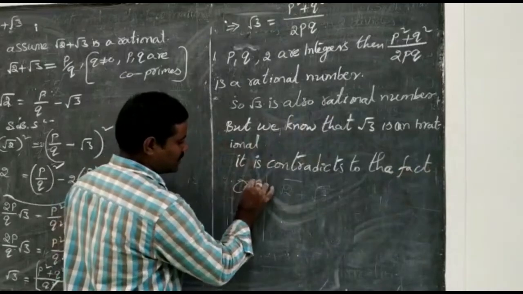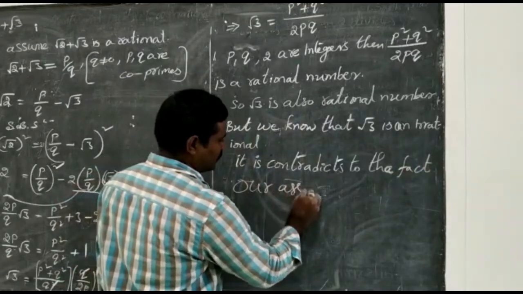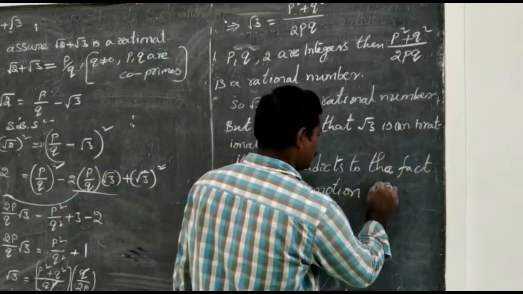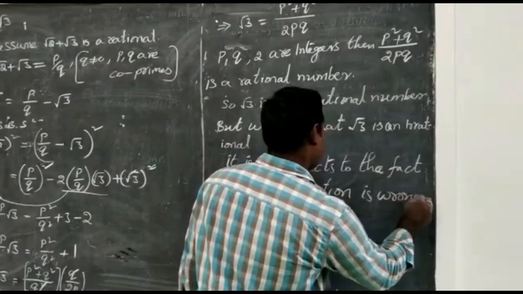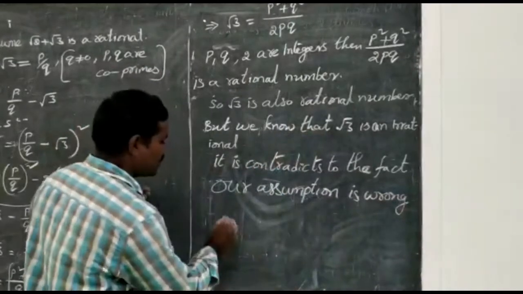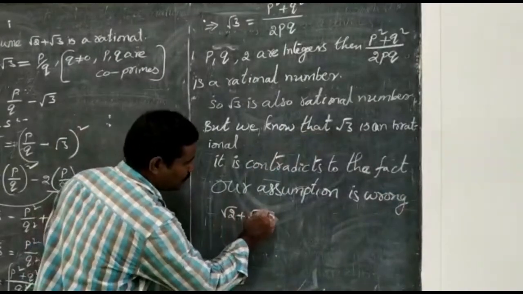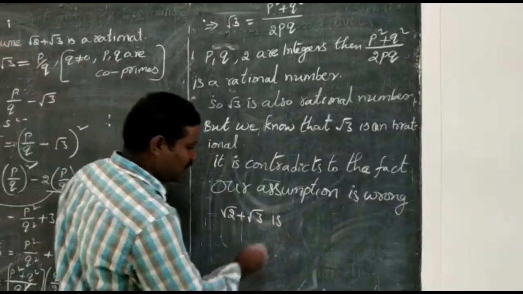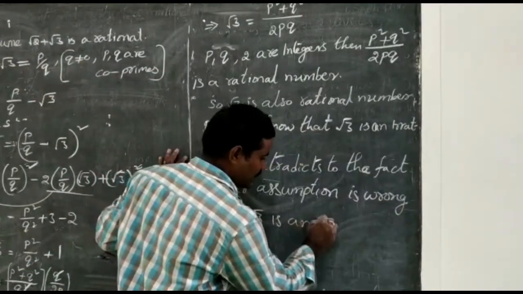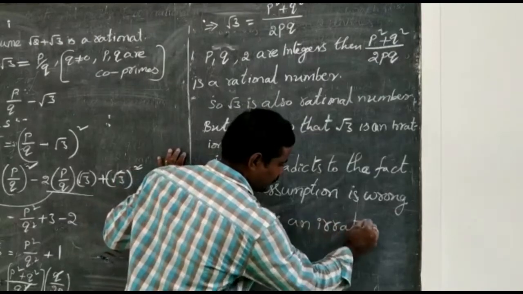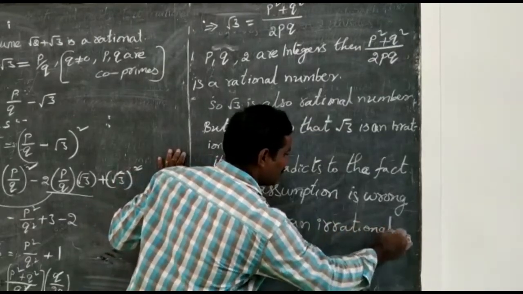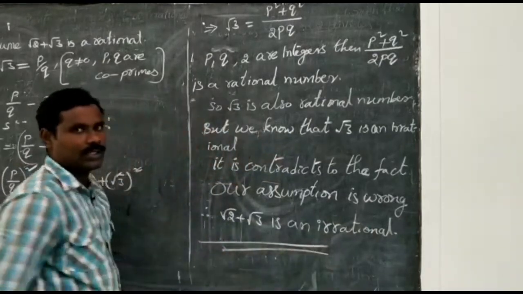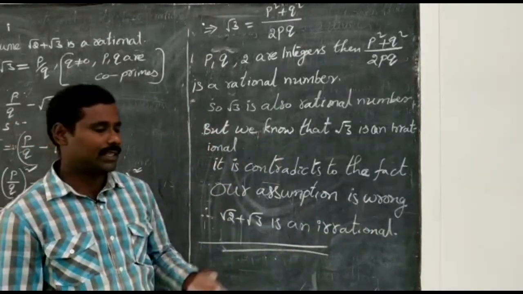Our assumption is wrong. What is our assumption? That root 2 plus root 3 is rational; our assumption is wrong, it is irrational. Therefore, hence proved. Like this, you have to complete that exercise.